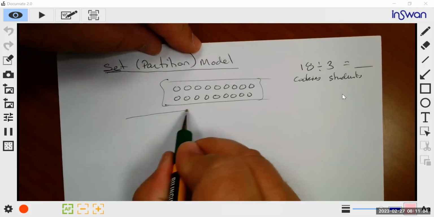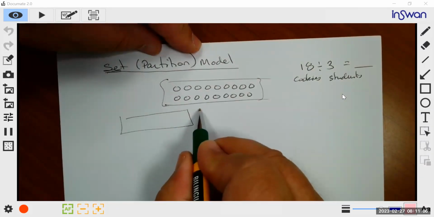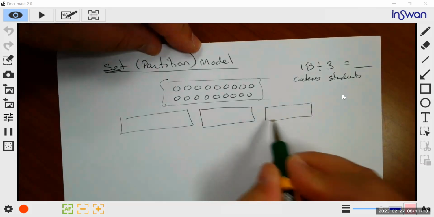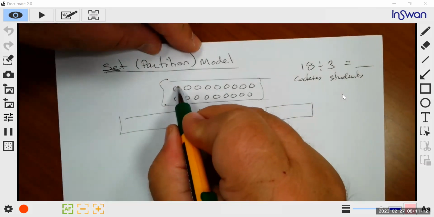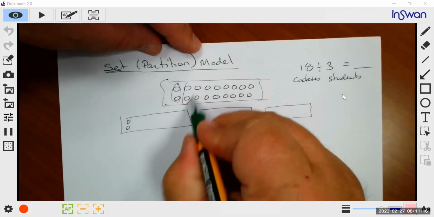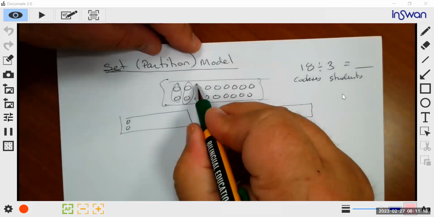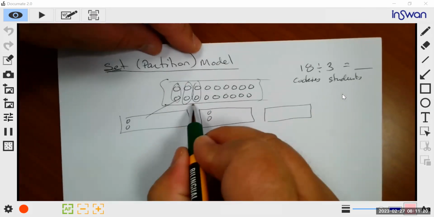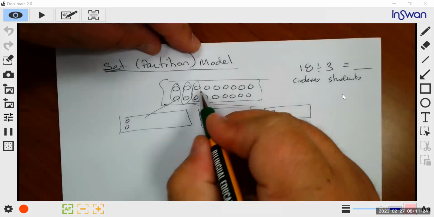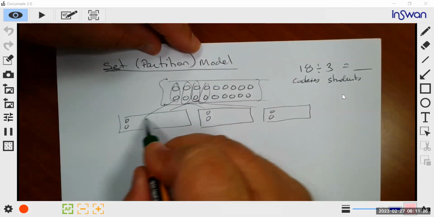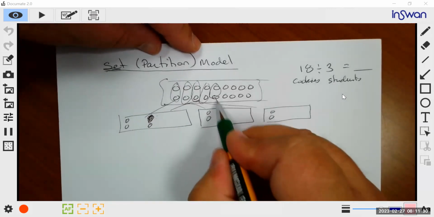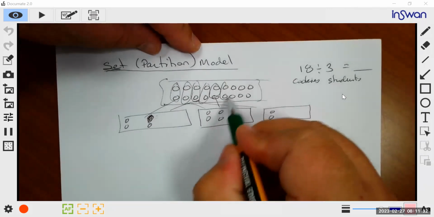So what we do is we have each student bring their box or their bag, and we start putting cookies in: this one gets 2, this one gets 2, and this one gets 2. There are still some left over, so the next one, and the next one, and repeat this.